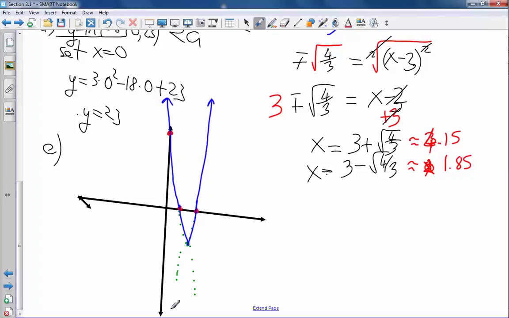Positive 3, negative 4. And you know where these are. This is 23. It should be up higher, but this is the best I can do.